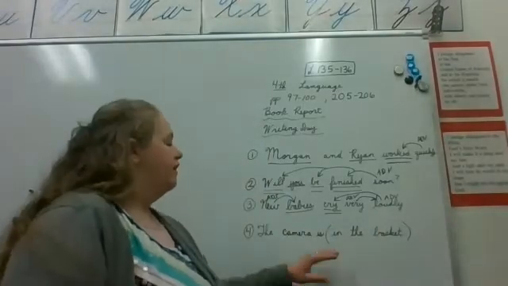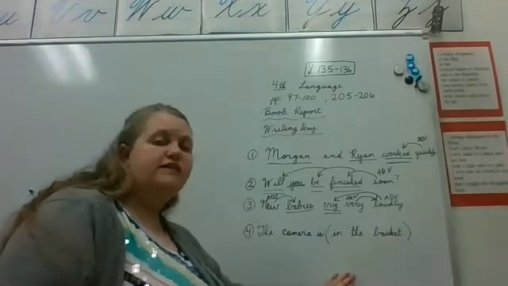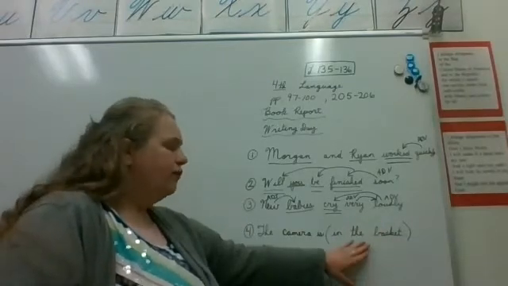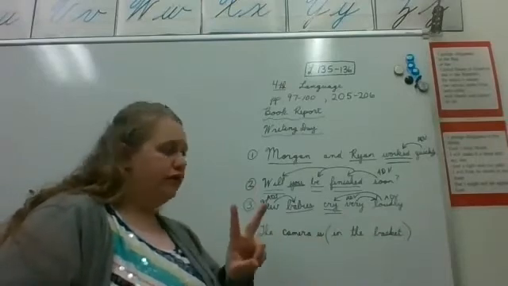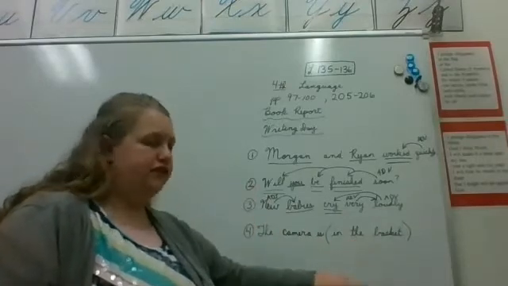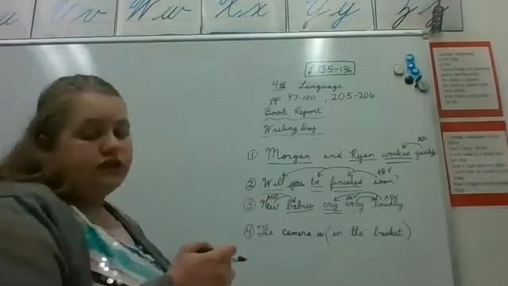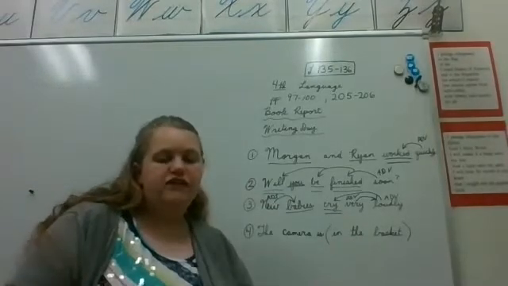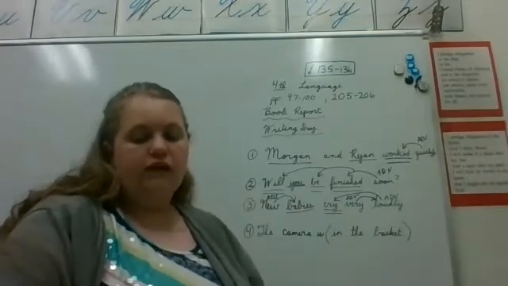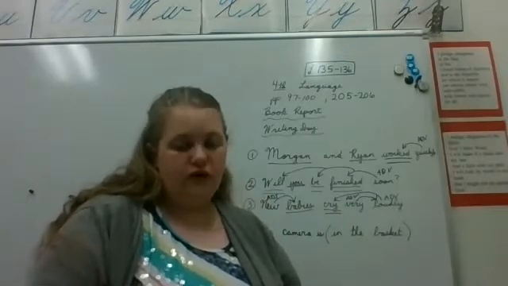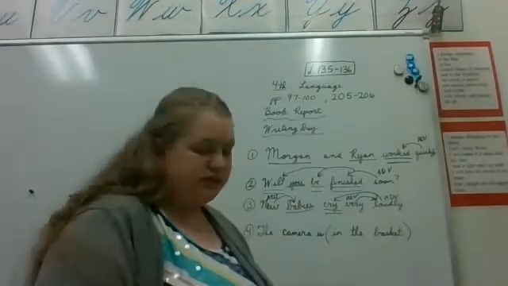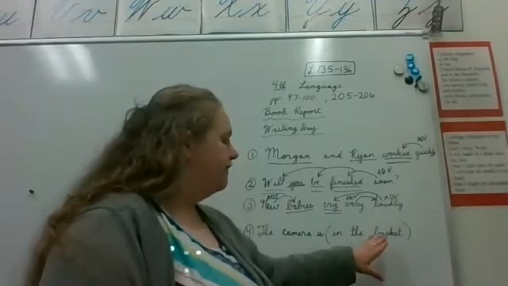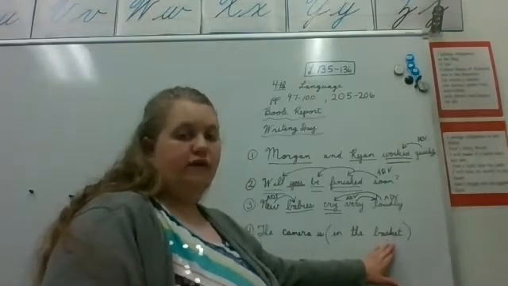Parentheses show that this is a part of the sentence, but we don't find our subject or our verb inside the prepositional phrase, okay? A prepositional phrase always starts with a preposition, and a preposition is a word that shows the relationship between a noun or pronoun after it, its object, and some other word in the sentence. So the relationship between the object and another word in the sentence.